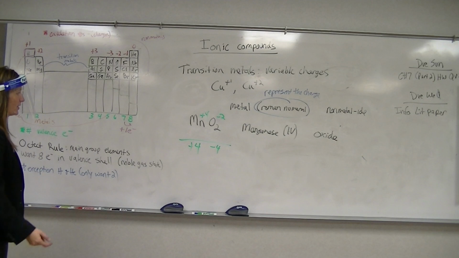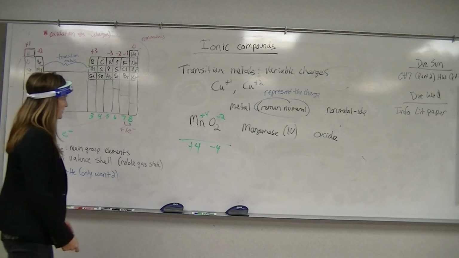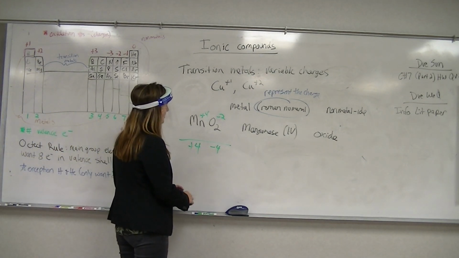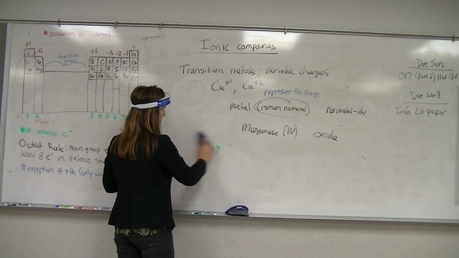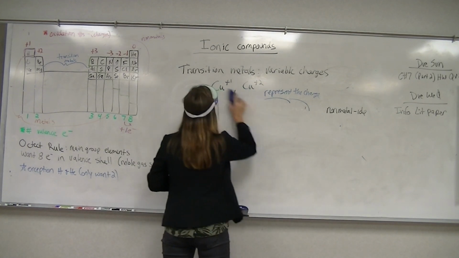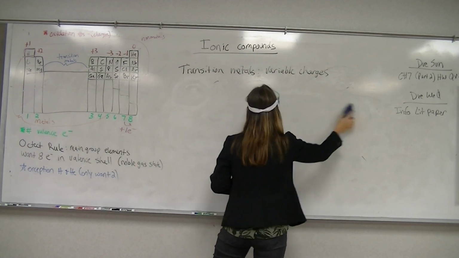Let's do the reverse. I'll put some names down and we'll come up with the formulas, and you'll see those are kind of nice because they include the charge for you. So, transition metal names.